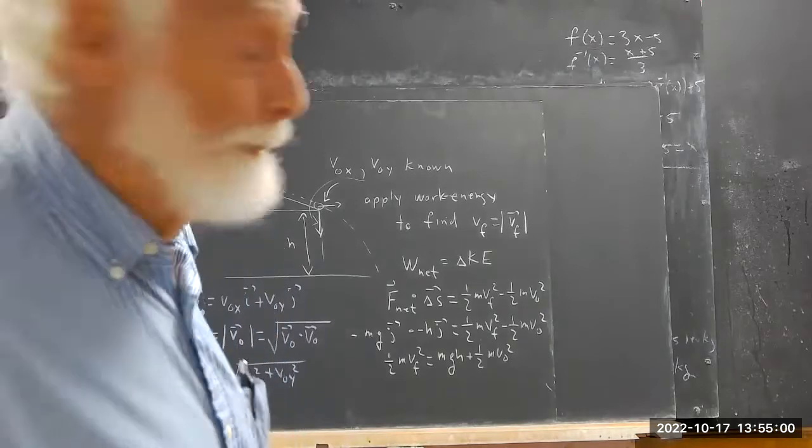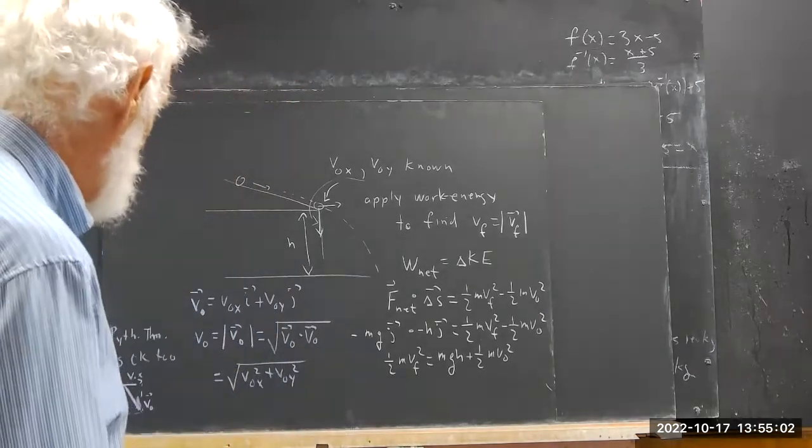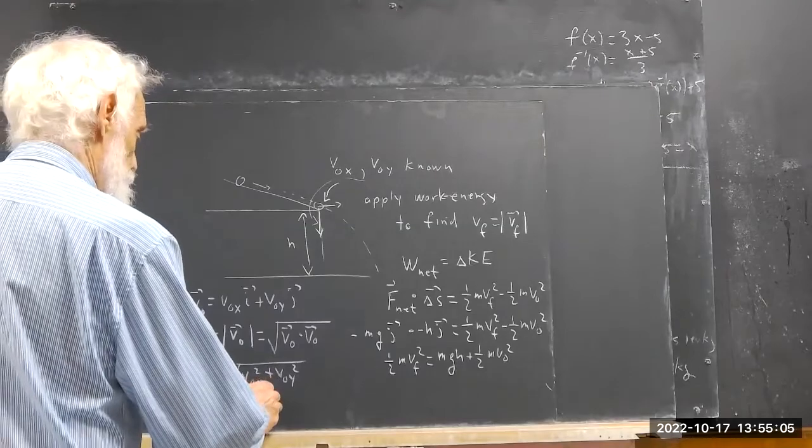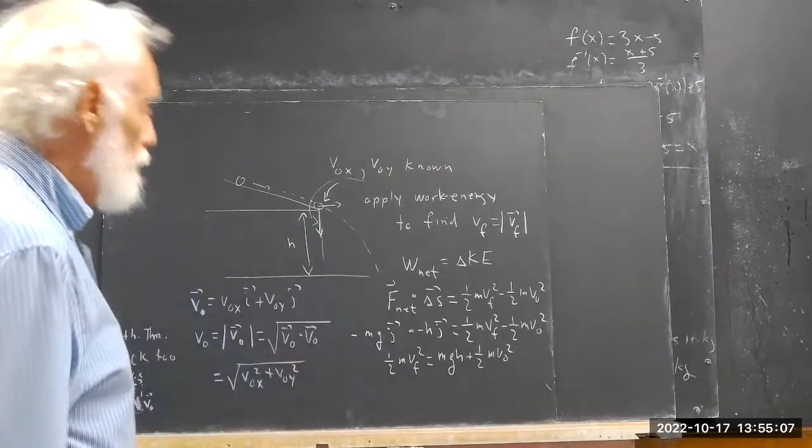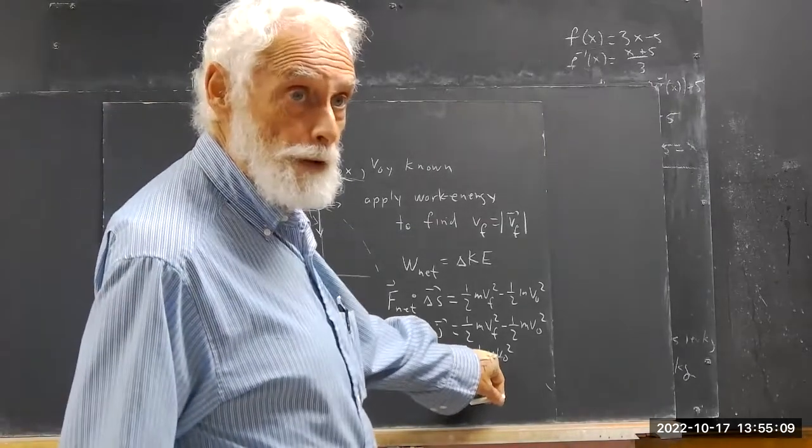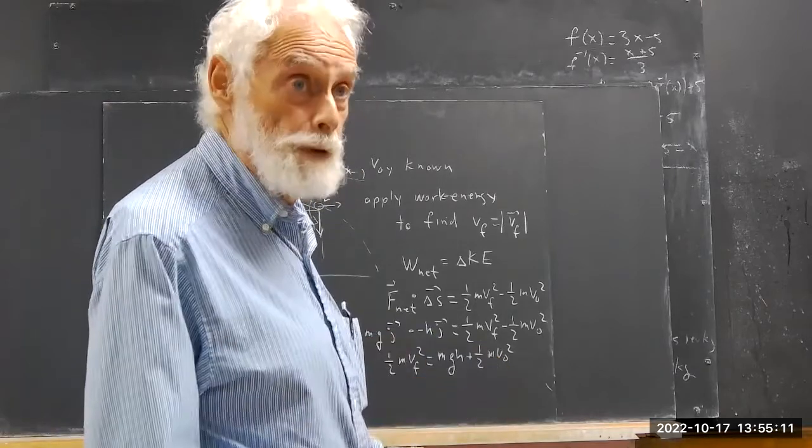So very straightforward. The dot product can be very useful sometimes, so it's worth illustrating. Either way, you're going to get v naught squared as v naught x squared plus v naught y squared.